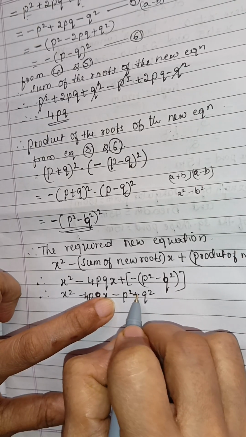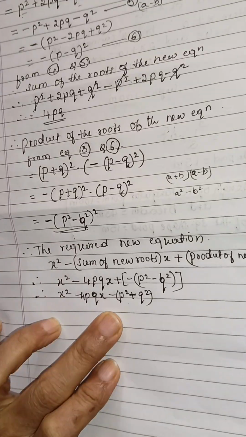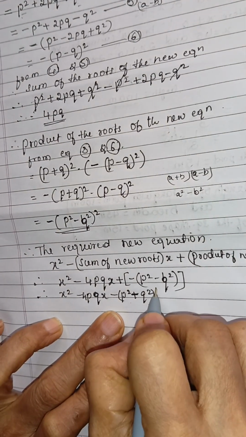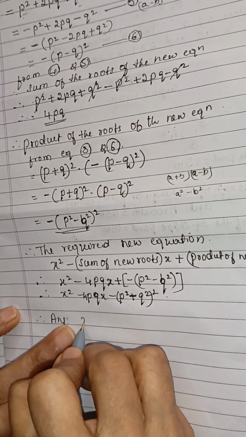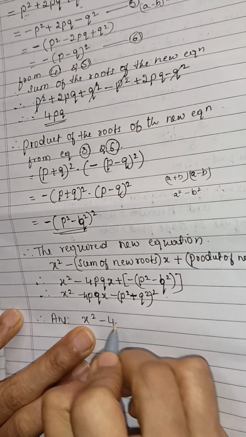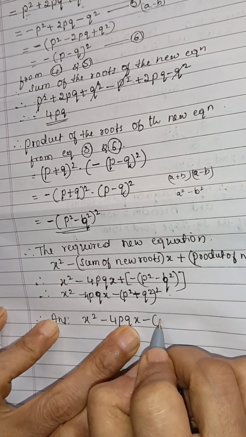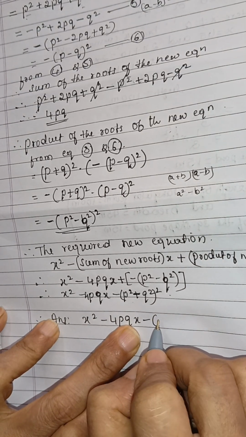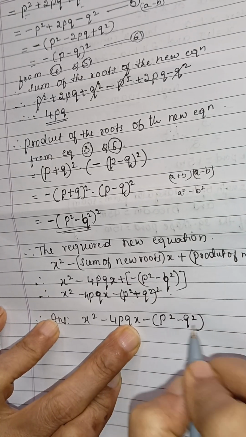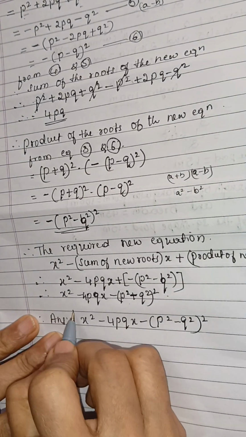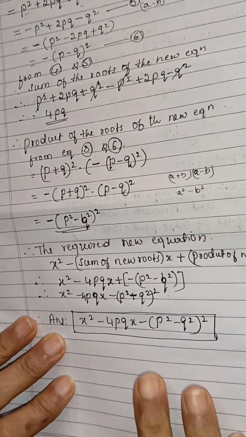Here it is again minus. Therefore the answer is x square minus 4pqx minus p square minus q square whole square. This is the answer.